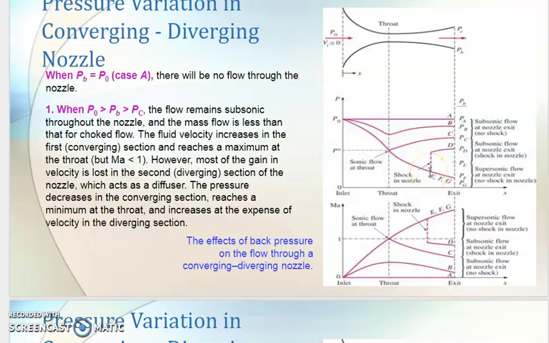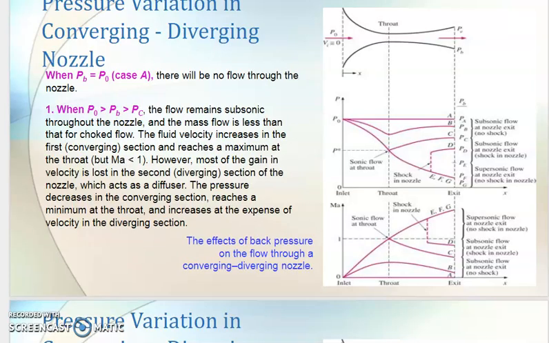So you have an instantaneous jump of pressure, okay, that causes subsonic flow. Okay, so that is normal shock. So that's how shock occurs in the diverging duct.